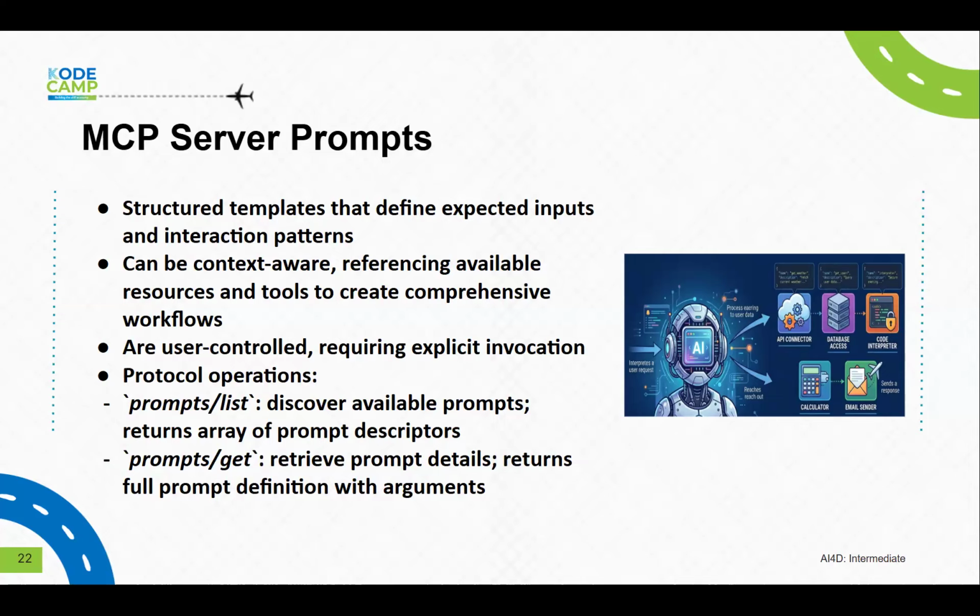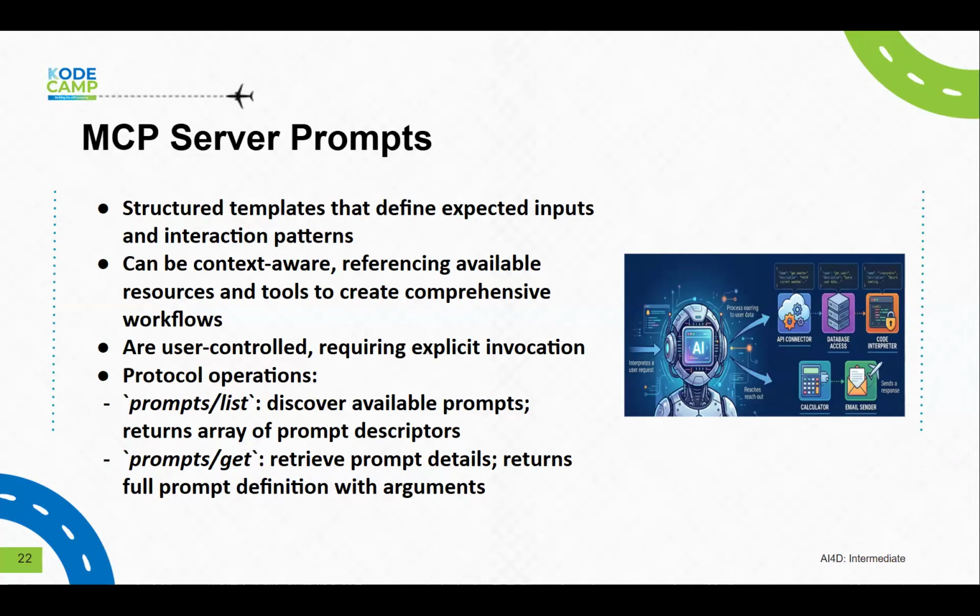They are user controlled, so the user must explicitly invoke that prompt. If you request the prompt, you're just going to get the prompt. It's not going to run that prompt. For you to run that prompt, you must invoke it on a model explicitly.